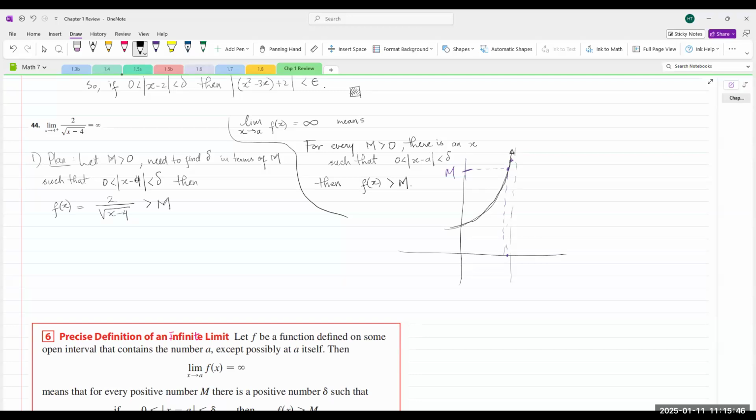Okay, multiply both sides by square root of x minus 4. But notice that x is approaching 4 from the right-hand side. Therefore, x is greater than 4, so x minus 4 will be positive. Therefore, x minus 4 will be approaching 0 from the positive side. Now, if I multiply both sides of this inequality by square root of x minus 4, which is a positive number, we maintain the inequality sign.